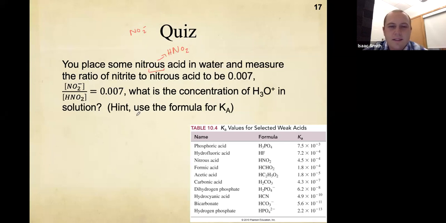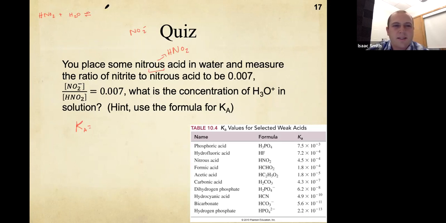So let's now write out the formula for Ka, because that's what the question hints that we should do. So Ka is going to be products over reactants, right? So let's look at what the equation would be. It says you place nitrous acid in water. So let's just say we have nitrous acid, we put it in water, okay?